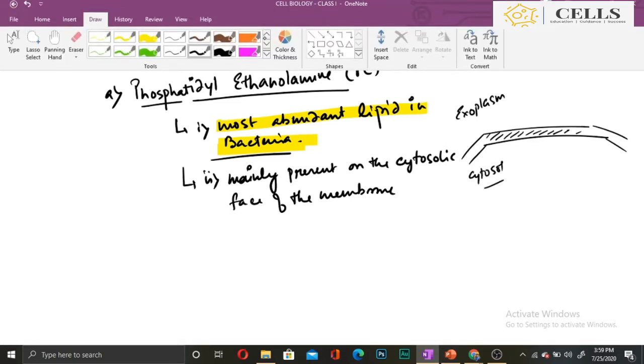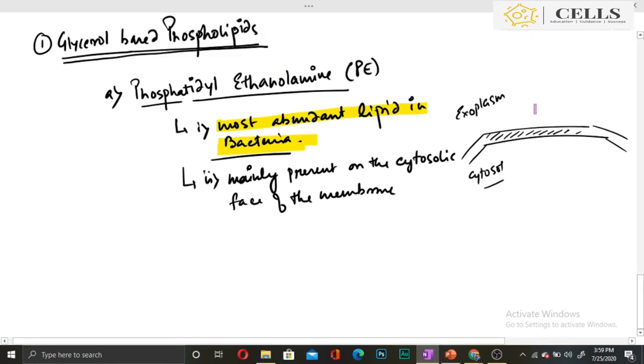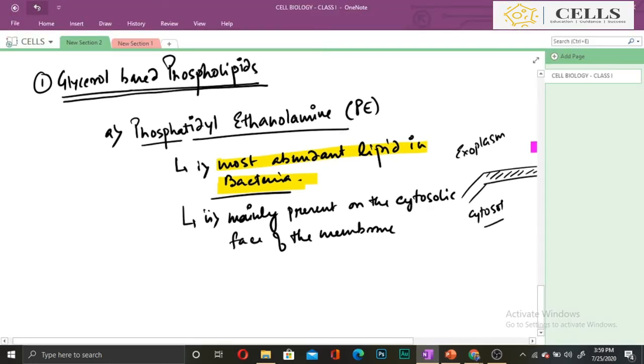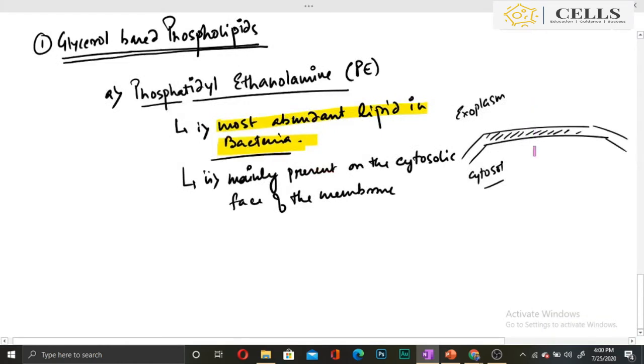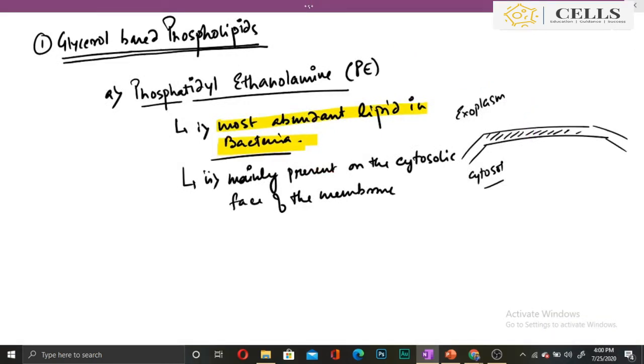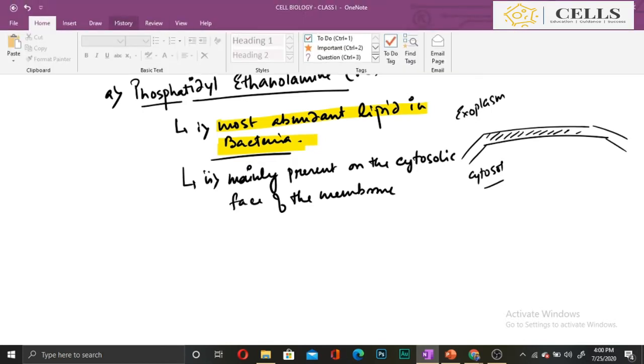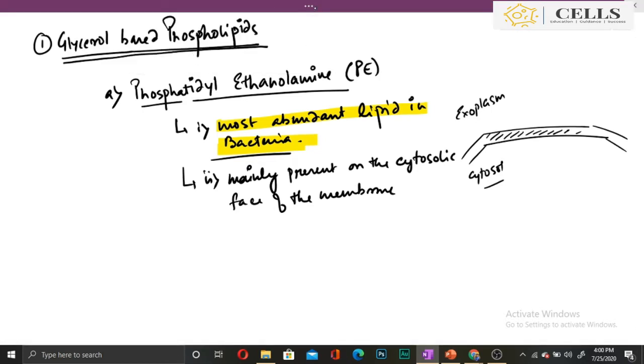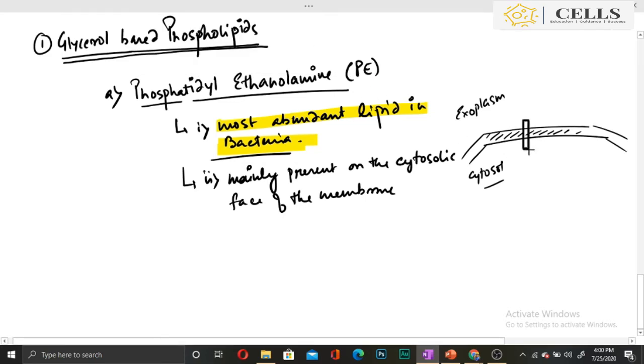Now this phosphatidyl ethanolamine will be present like this, majorly in the cytosolic phase. So you can see that the main chunk is present on the cytosolic phase. So we will write PE over here.